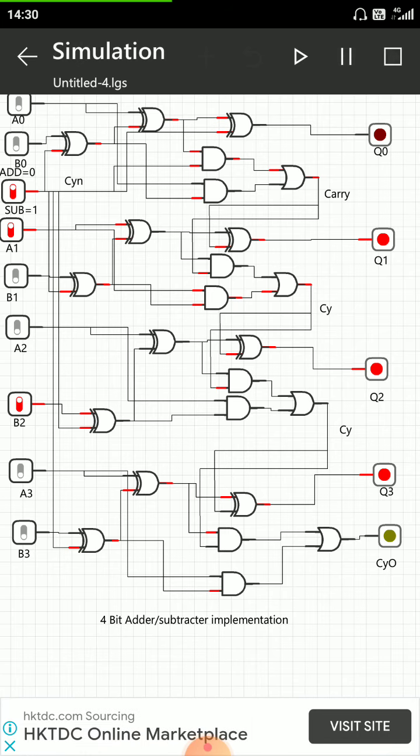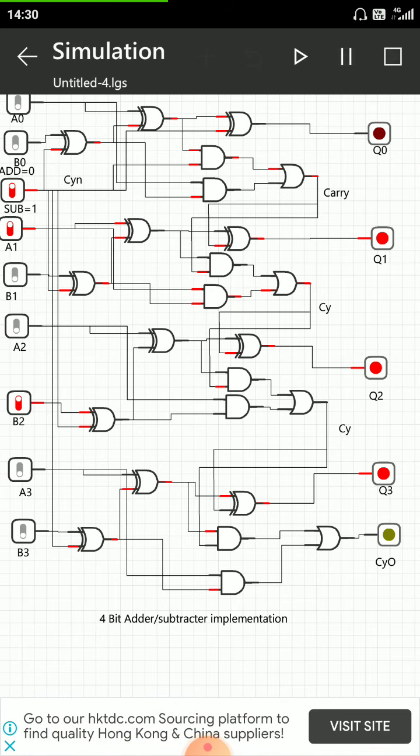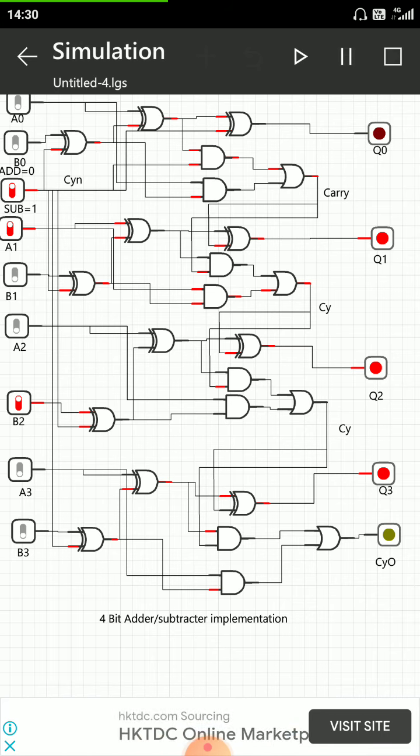So this is 0 0 0 1. This is our 1's complement, and for 2's complement we need to add 1 to it. So after addition we will find 1 0, that is 2, and the sign is given by Q3. Q3 is high, it means negative sign, so our result is -2.